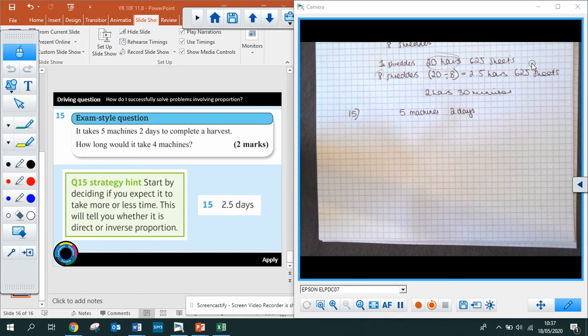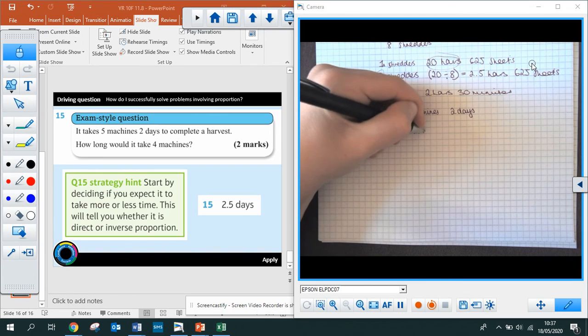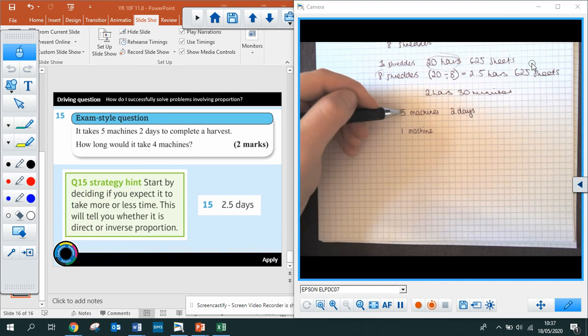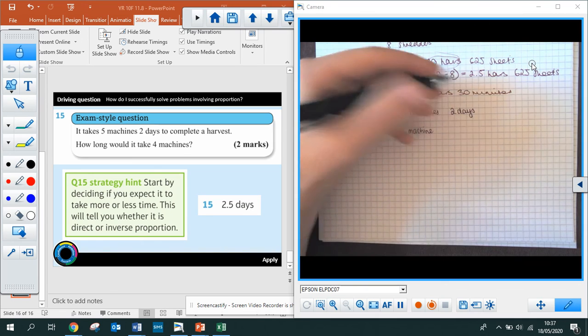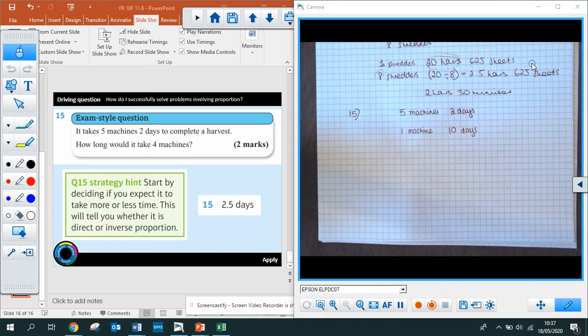First step in this kind of question, you need to work out how long it's going to take one machine. What's the total amount of time if there was only one machine doing the job? We do that by multiplying our 5 machines by our 2 days. So 5 times 2 is 10. So it'd take one machine 10 days.